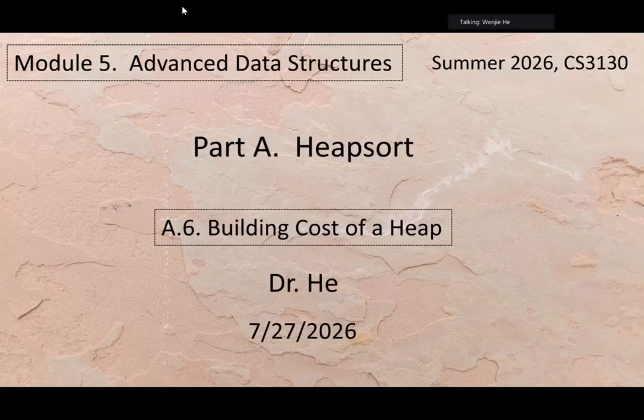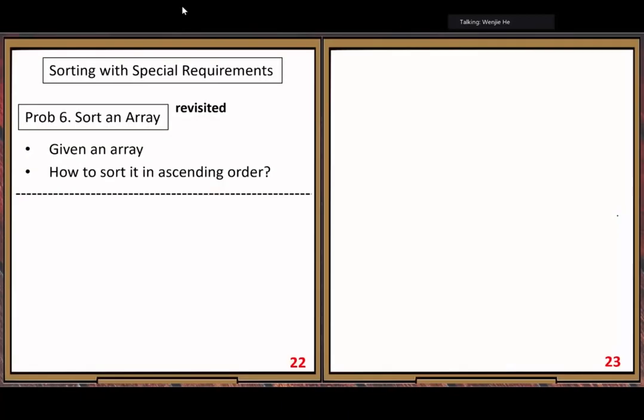8.6, building cost of a heap. Now we are ready to estimate the building cost. Combine the cost of all heights, because we go through all the local triangles for the internal nodes of all heights, right? Leaf nodes, no violation, right?